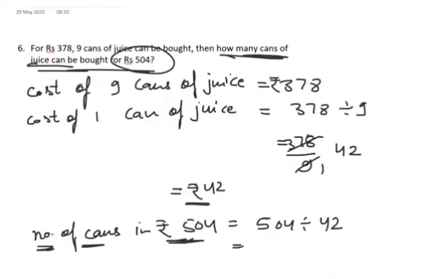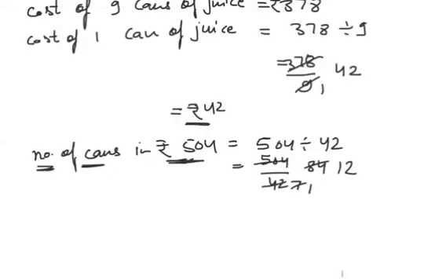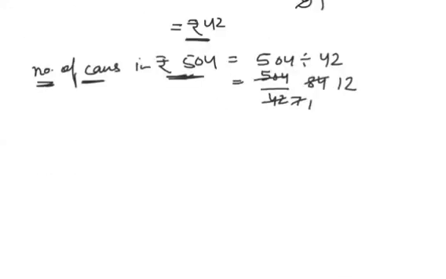504 divided by 42, so 6 sevens are 42, 6 eights are 48, 2 carry, 6 fours are 24, now 7 ones are 7, 7 twos are 14, so 12 is your answer.